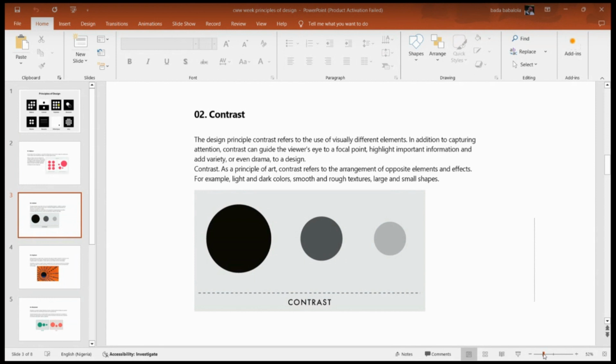So contrast can also, in this form, be called opacity, where you can give 100, you can give 180, you can give 160. So in designing, there are sometimes where you don't need the elements you're working on to be too glaring for people to see.